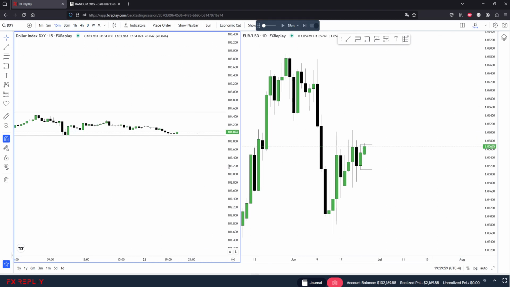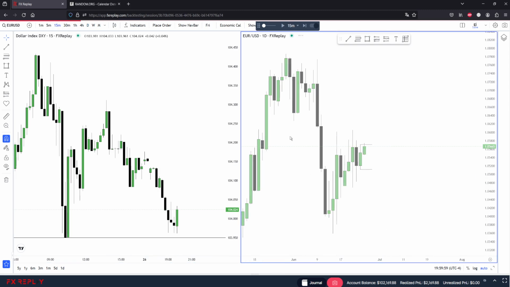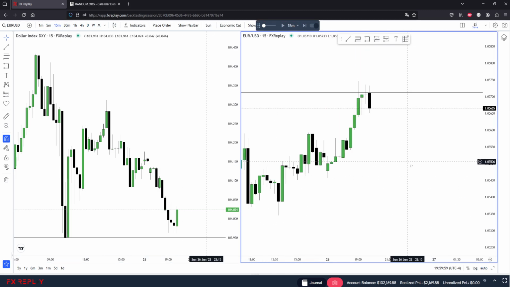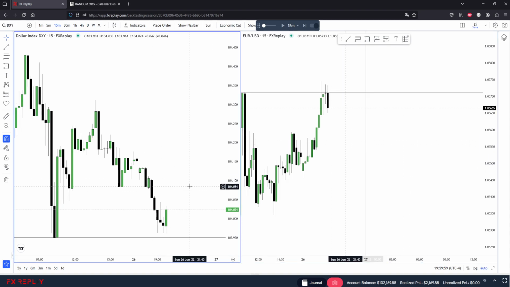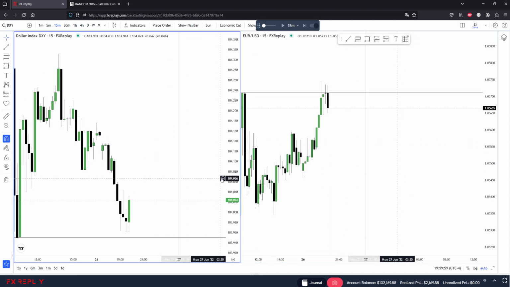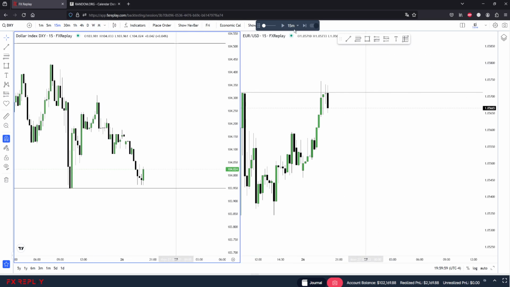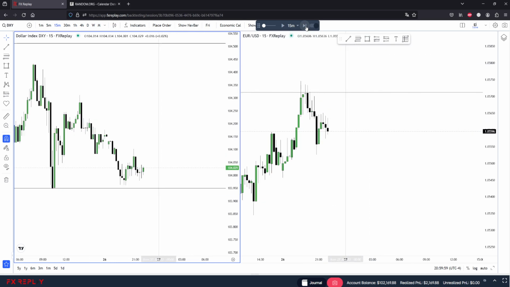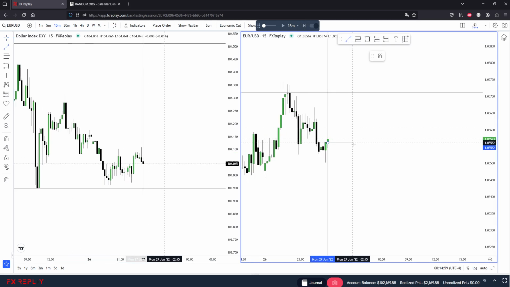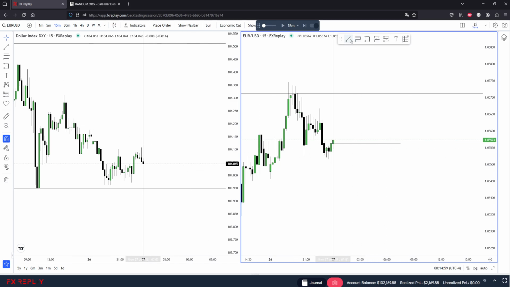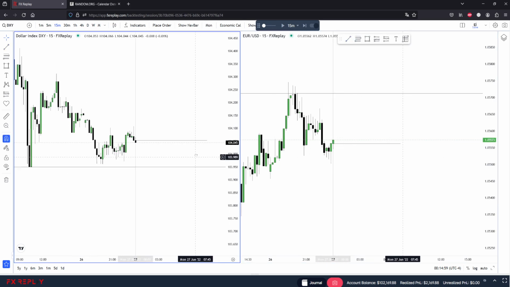Let's go to the 15. Still Asia range. Okay, so New York midnight is over here. So let's look at the details over here.